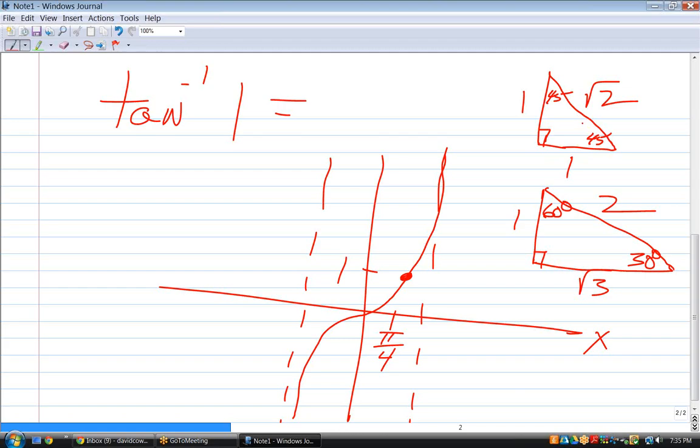If you're in radians, then this is pi over 4, this is pi over 6, and this is pi over 3. But the most important thing you can remember is the dimensions on those two triangles, because that pretty much answers all of your trig functions for any angle in the first quadrant that's a multiple of 30, 45, or 60. You get that from memorizing these two triangles.